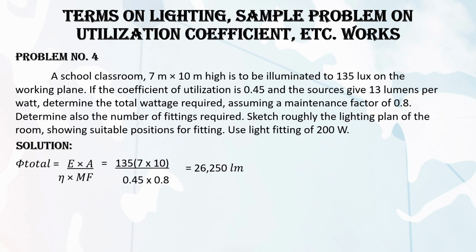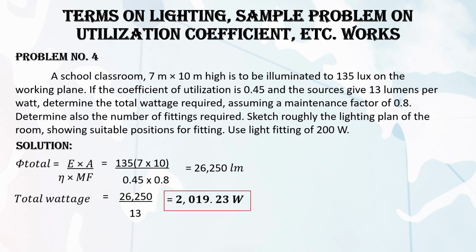So inigma na ni atong pangitaon ang total wattage. So ang atong luminous flux total atong i-divide og 13 since there are 13 lumens. So 26,250 divide 13 is equal to 2,019.23 watts.